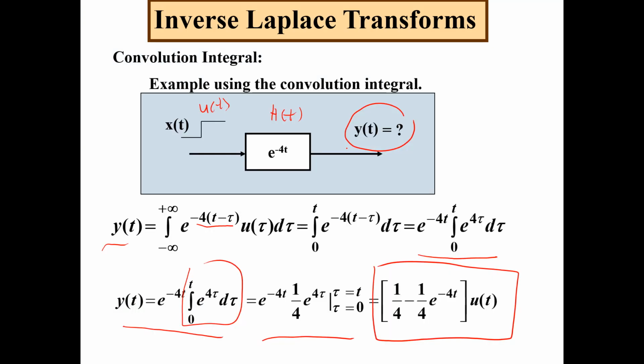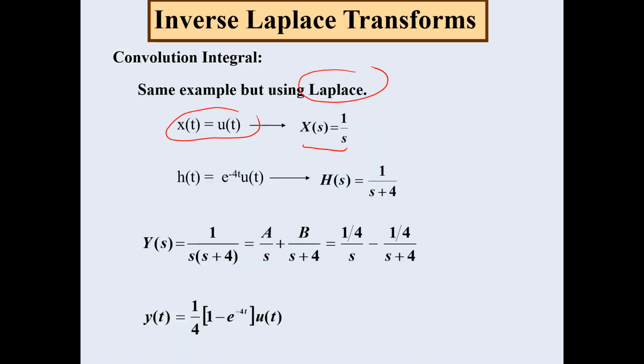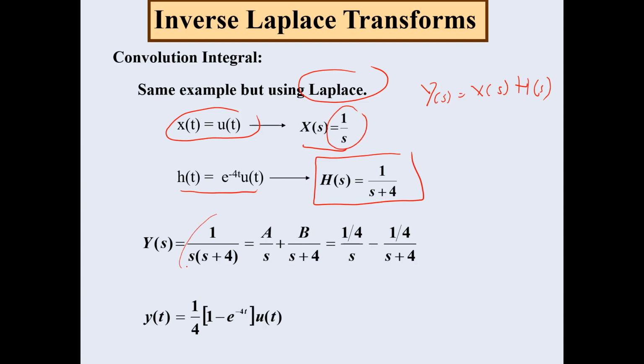Then h(t), the impulse response, is e^(-4t), so its Laplace transform is 1/(s+4). So Y(s) here is X(s) times H(s): X(s) is 1/s and H(s) is 1/(s+4).